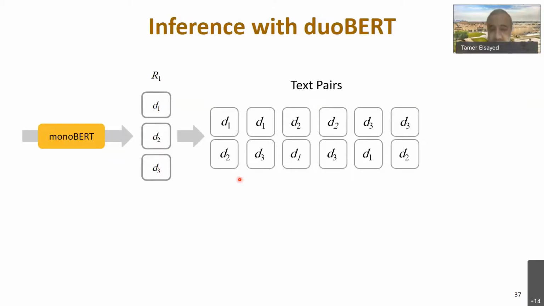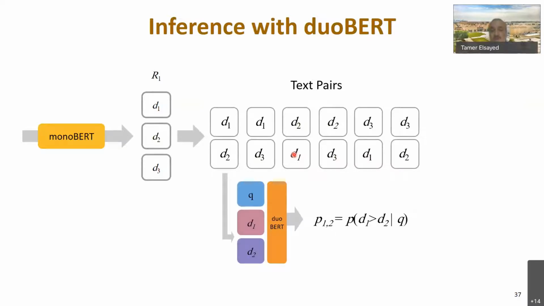We will pair them: D1 with D2, D1 with D3, D2 with D1, D2 with D3, D3 with D1, D3 with D2. Every pair will be passed to duoBERT to get a score. For example, D1, D2 will give us the P12 score, which is the probability that D1 is more relevant than D2.